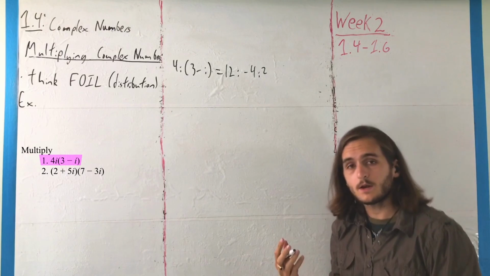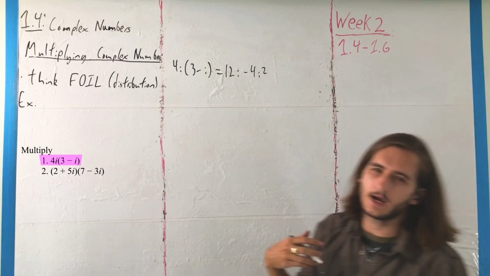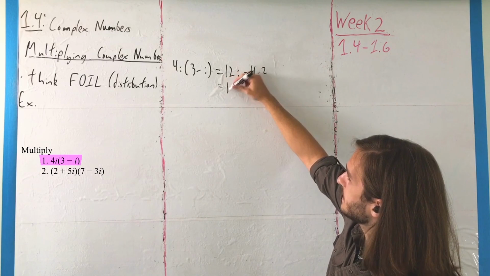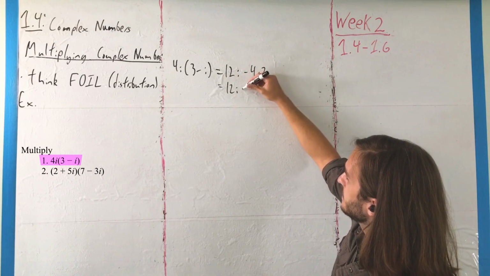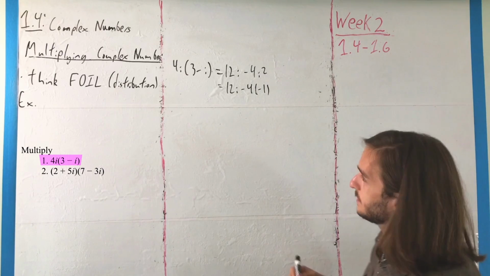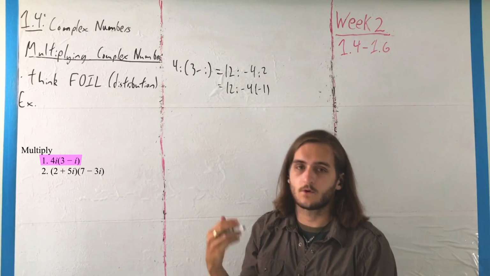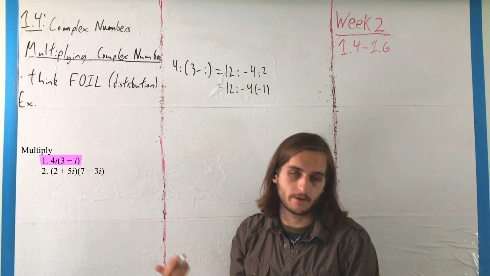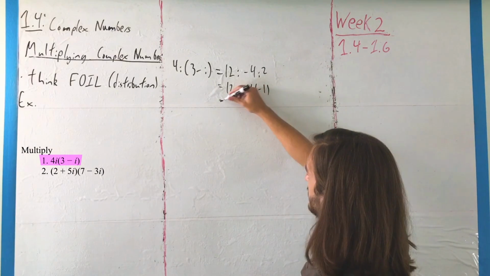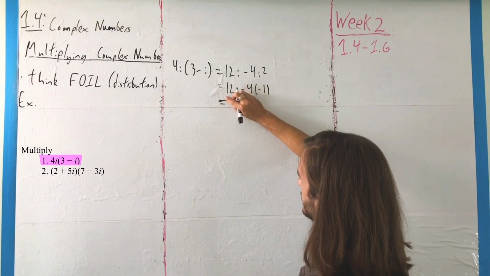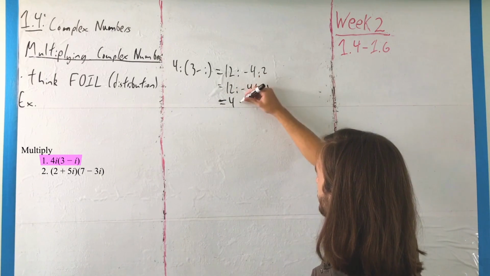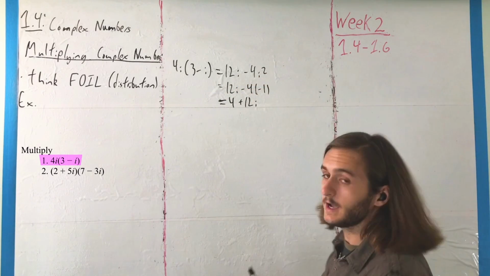And you have to be careful about what i squared is, because remember, i squared is negative 1, so we would have 12i minus 4 times negative 1. And if we want to put this in the standard form, a plus bi, we can turn that around, multiply in the negative 1, and what we will get is 4 plus 12i.